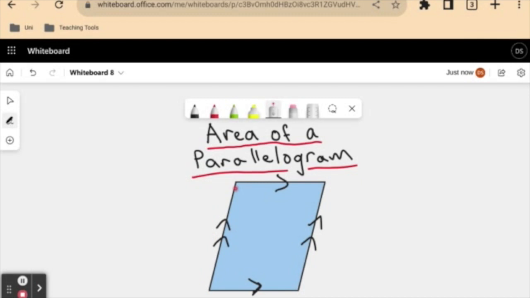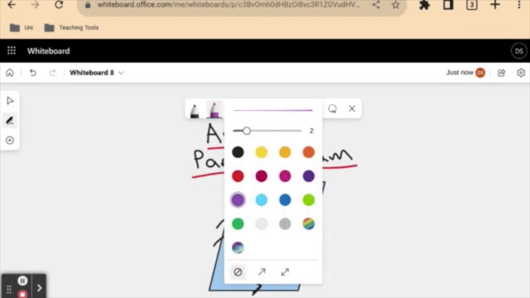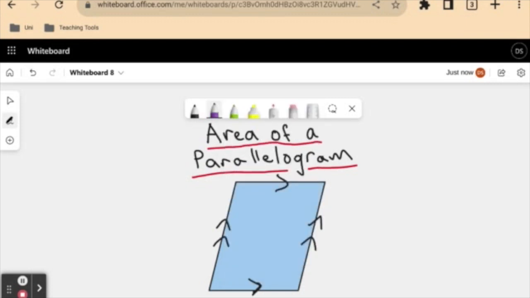But with parallelograms, they work a little different. Now, let me just make a slight alteration to this shape here. I'm going to just draw a couple of things on it, and we're going to note any sort of observations we can make. And I have a program which will also make this a bit easier to see.